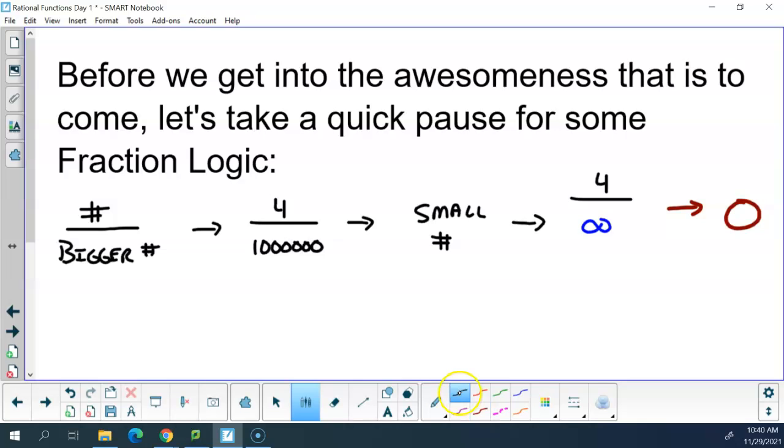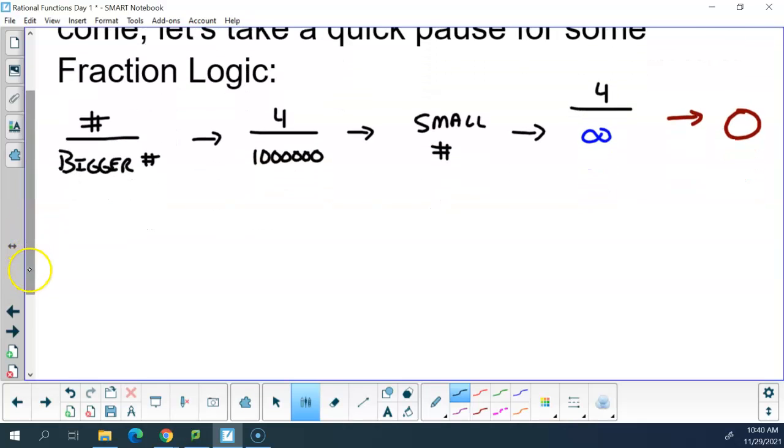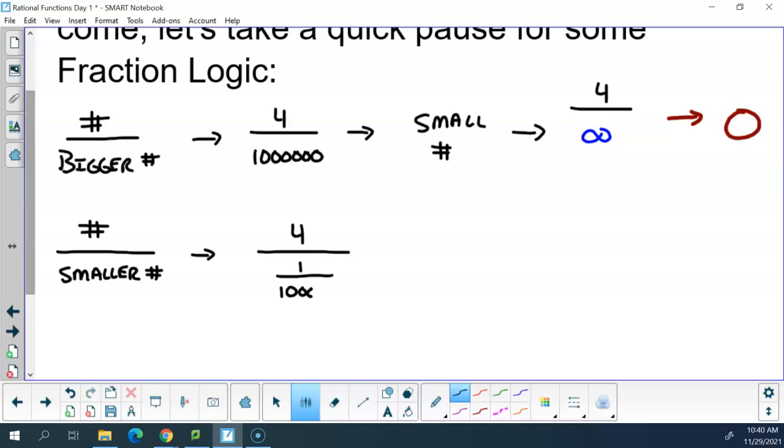What if I got a number and I divide it by a much smaller number? So for instance, 4 divided by 1,000,000. Fractional logic tells me when I'm dividing fractions, what do we do?